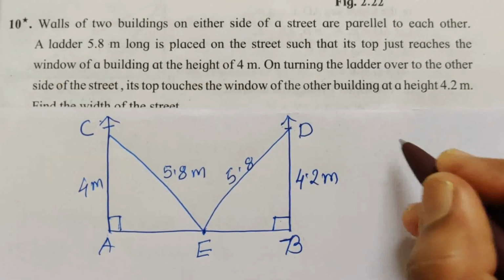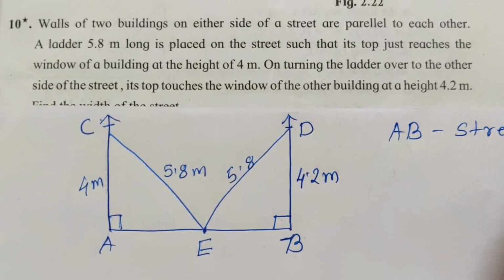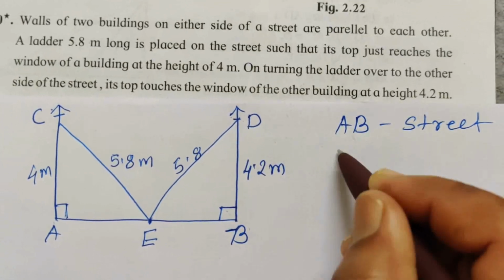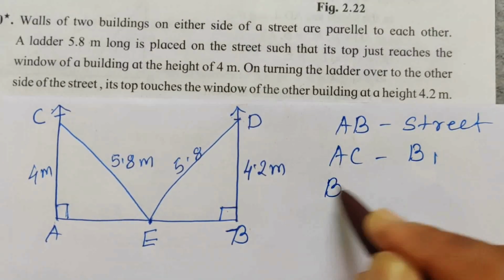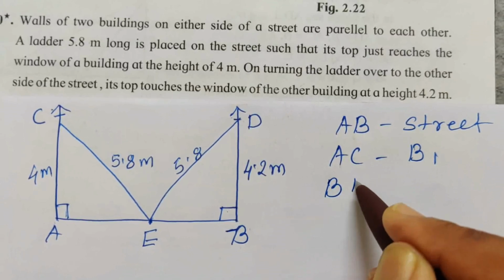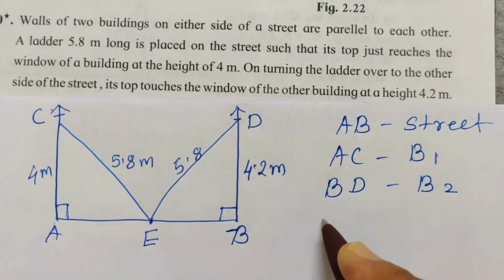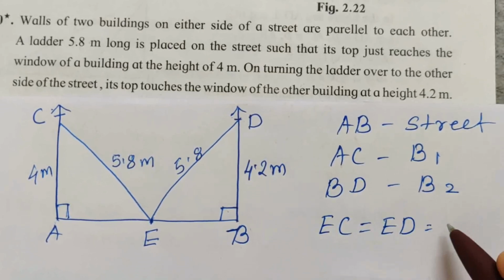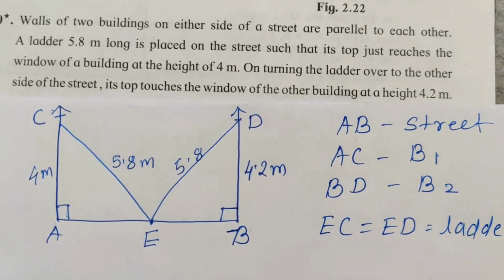AB is a street. So I am writing here, AC is building number 1, BD is building number 2, then EC is equal to ED, and this EC or ED, that is the ladder.